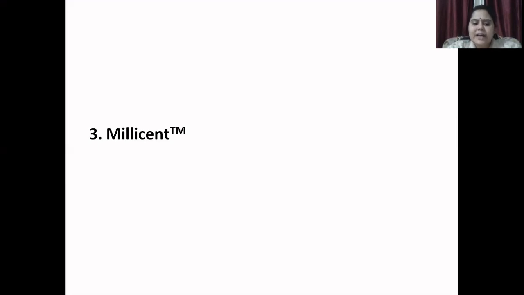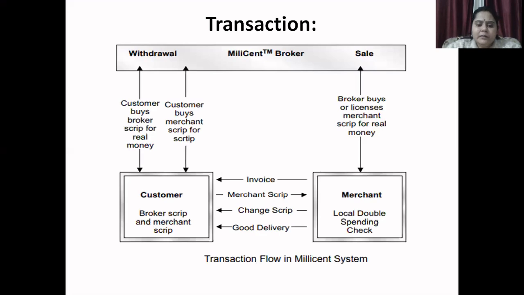Next is transactions. In this, the basic sequence of transactions is as follows. The customer acquires a quantum of broker scrip in the beginning. The customer needs a specific vendor scrip. The customer requests it and pays for it with broker scrip.